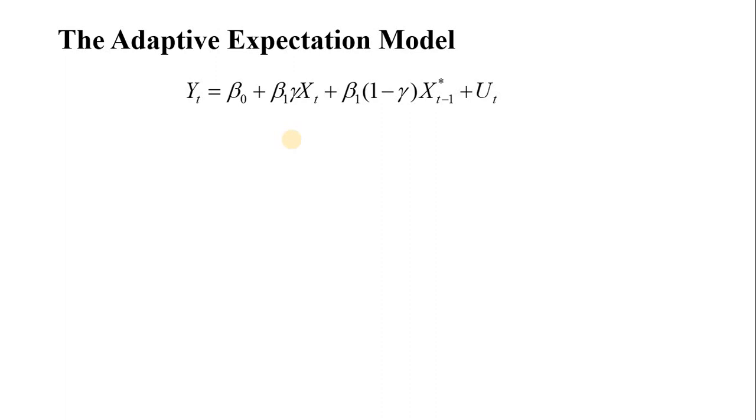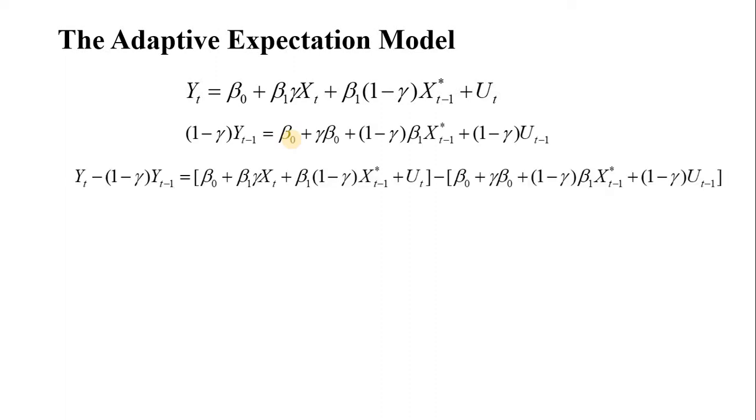Okay, this is yt. This is 1 minus gamma yt minus 1. Nothing but you write two equations, then you are going to subtract one equation from another. Okay, so it will be yt minus 1 minus gamma yt minus 1 will be equal to, this is the yt, this is the yt minus 1.